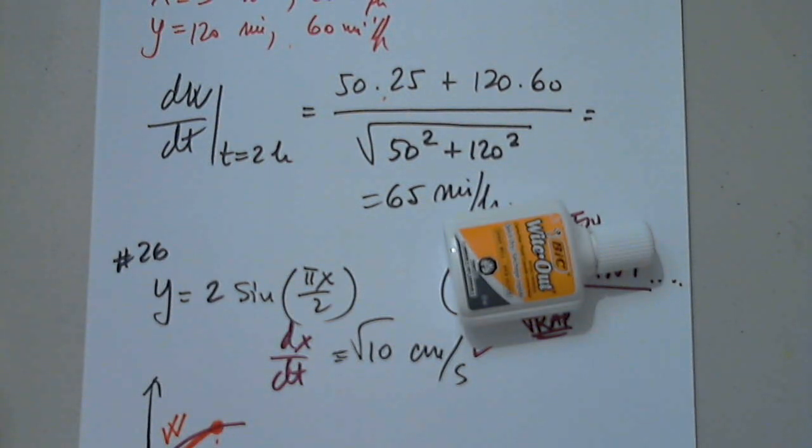Okay, let's go back to the problem one more time. So a particle moves along the curve, fine. As the particle passes through the point, okay, its x-coordinate increases at a rate, so it increases means it's positive. Good. How fast is the distance from the particle to the origin changing at this instant?